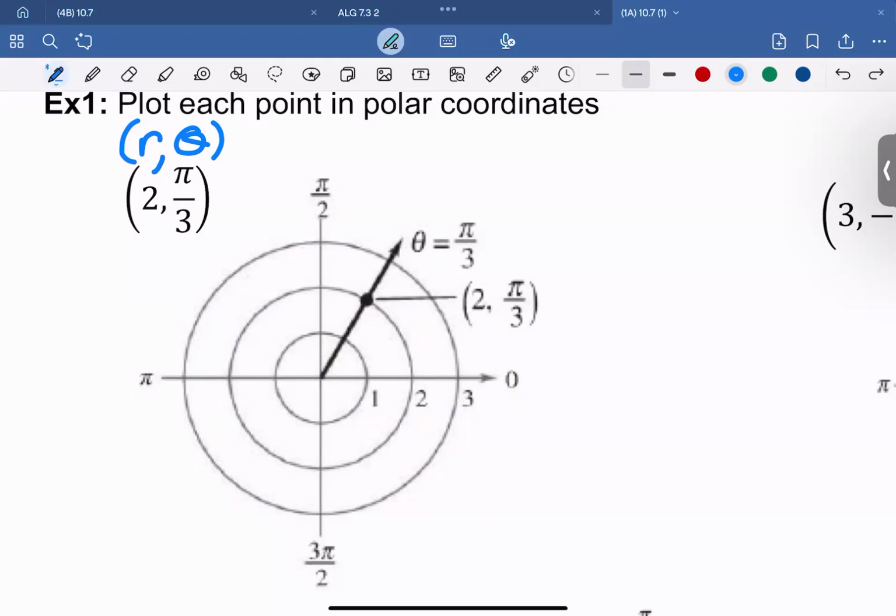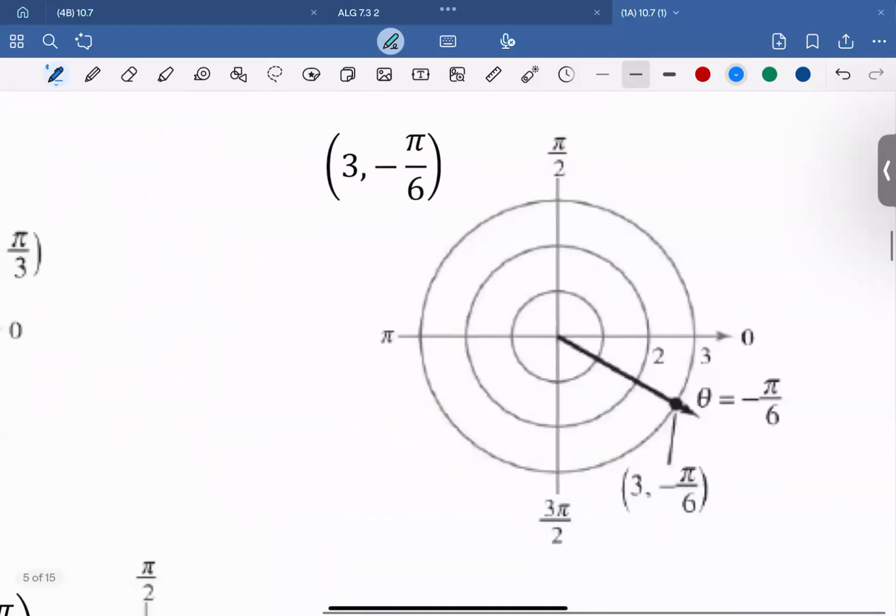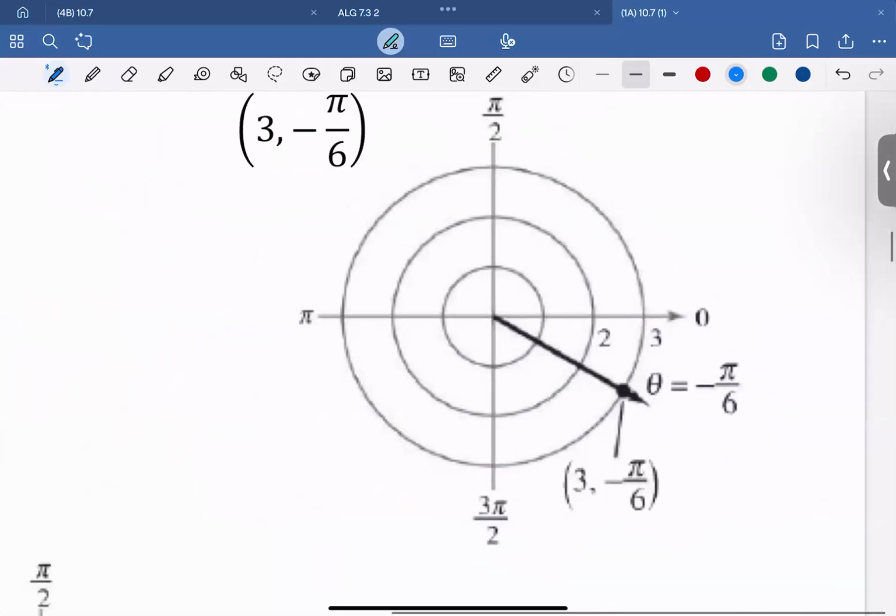So we would go 1, 2 to this spot for our r equals 2. And then, right, we're doing unit circle stuff. Where is pi over 3 in our unit circle? It would bring us to this point right here. Cool, not too bad.